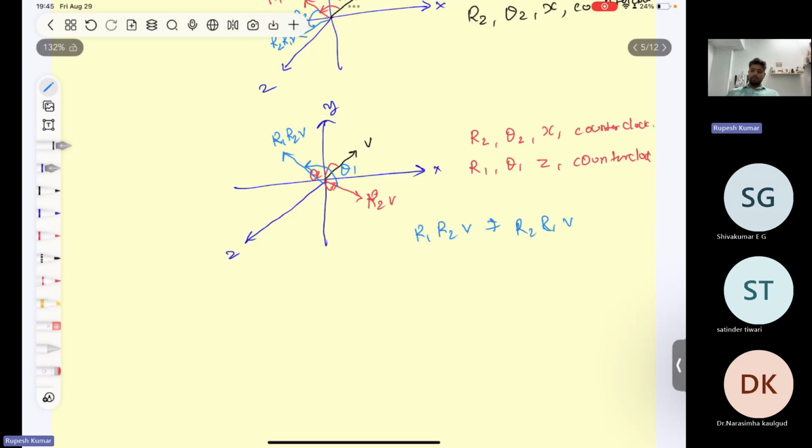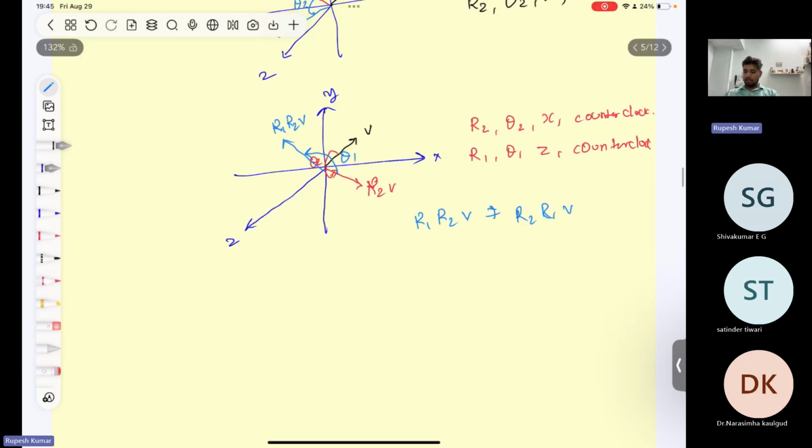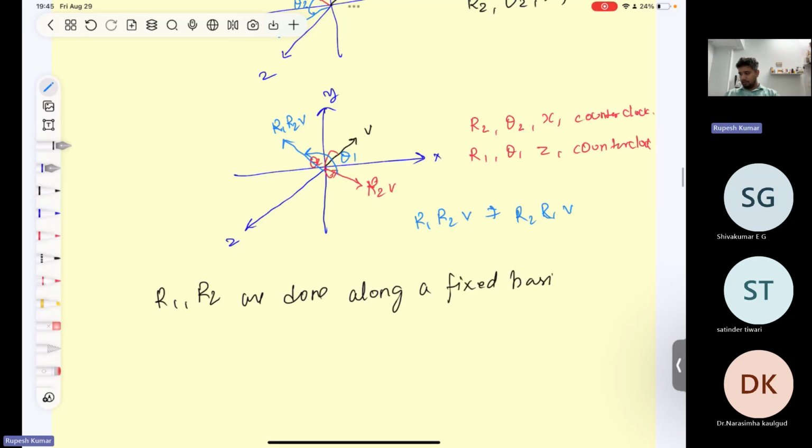But let's say the second case is R1, R2 are done along a fixed basis, let's say the x-axis, then is this true?